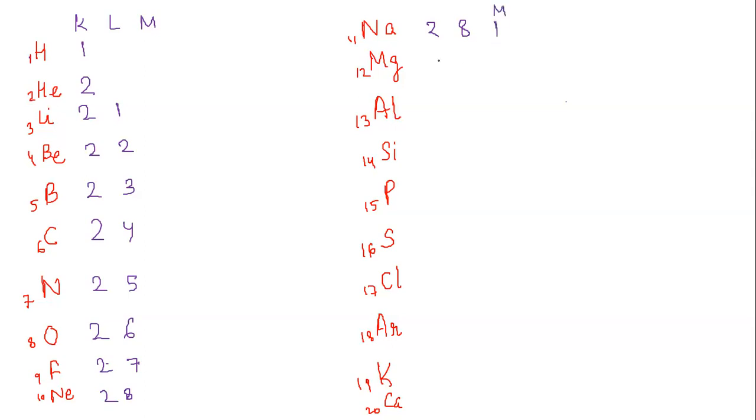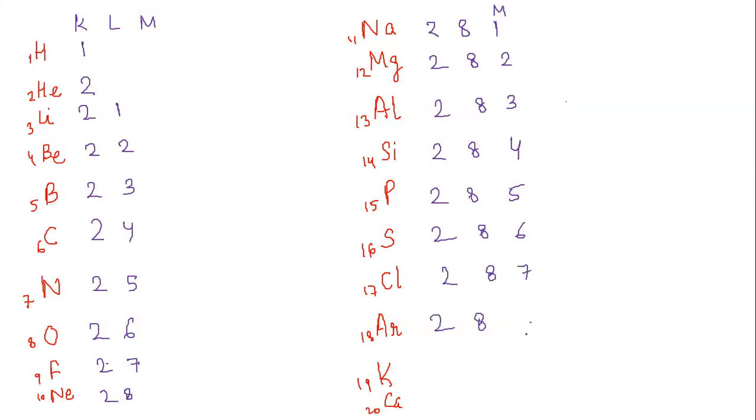So sodium will be 2, 8, 1, magnesium will be 2, 8, 2. Aluminium will be 2, 8, 3. Silicon 2, 8, 4, phosphorus 2, 8, 5, sulfur 2, 8, 6. Now this will be 2, 8, 7 and this is 2, 8, 8. So you already know the electronic configuration.